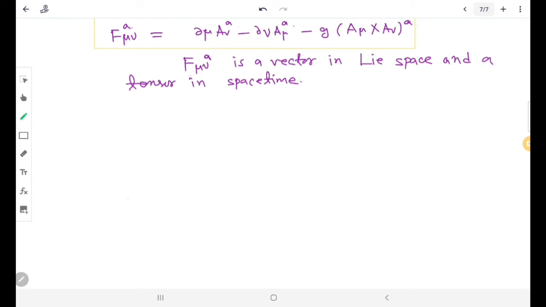So it has a dual character. For one thing it is a vector, for another it is a tensor, and the same happens with all the quantities which we see here.